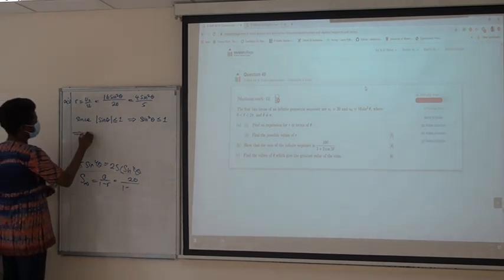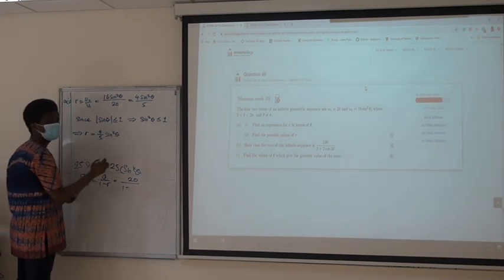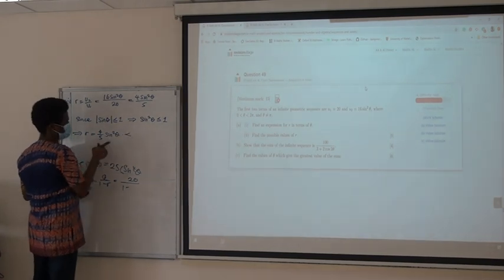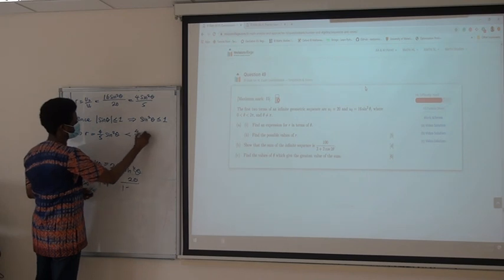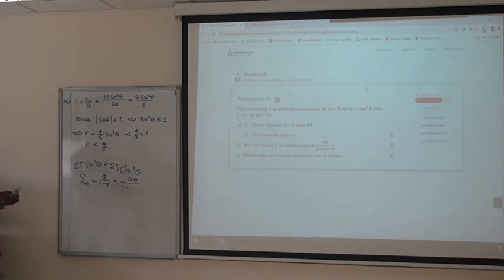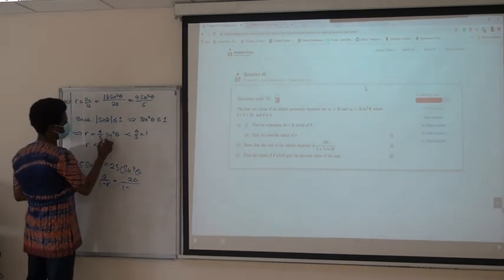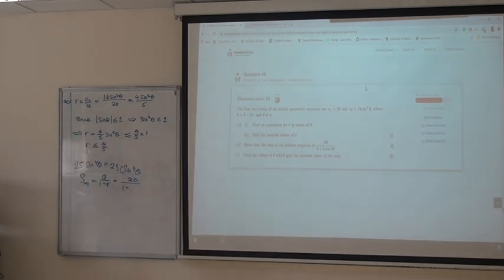So, which means our r, which is 4 over 5 sine squared theta, will be less than or equal to 4 over 5 times 1. This is less than or equal to 1, so this is less than or equal to. So the maximum of r that we can get is 4 over 5.